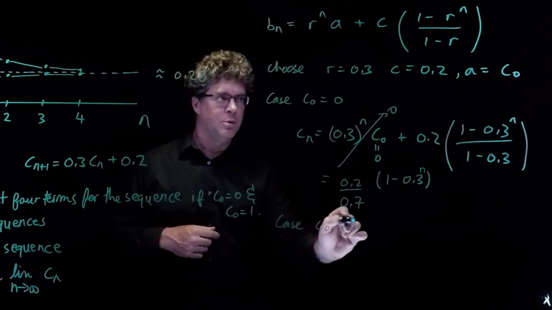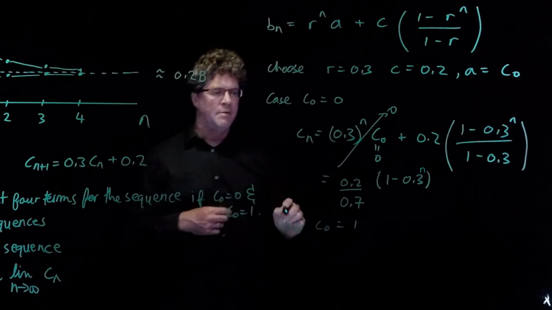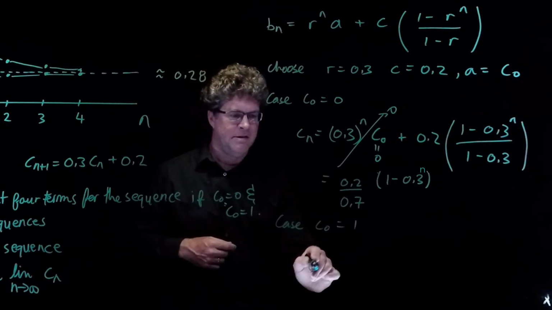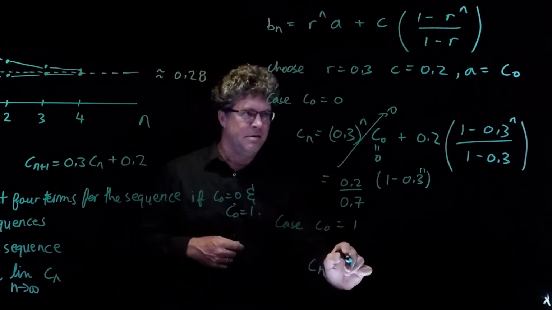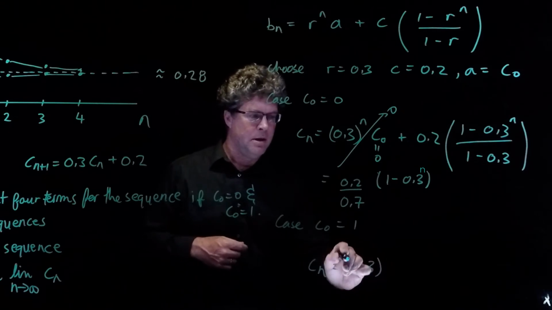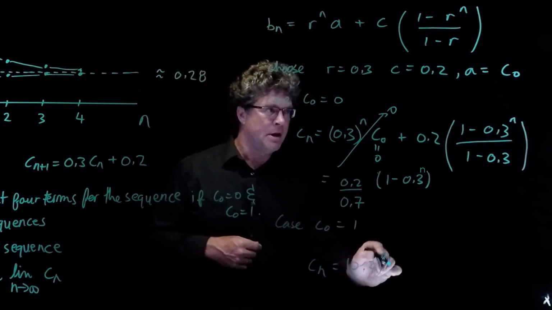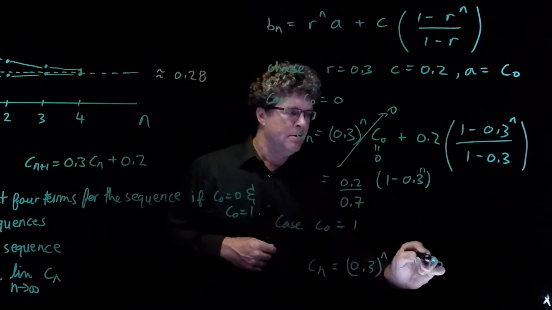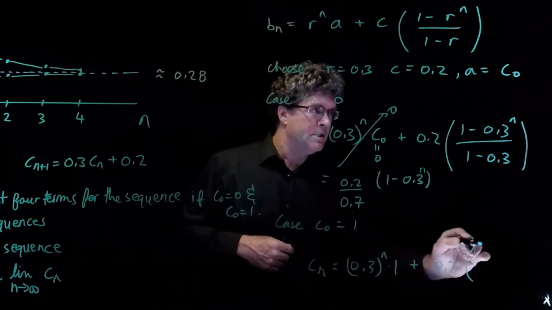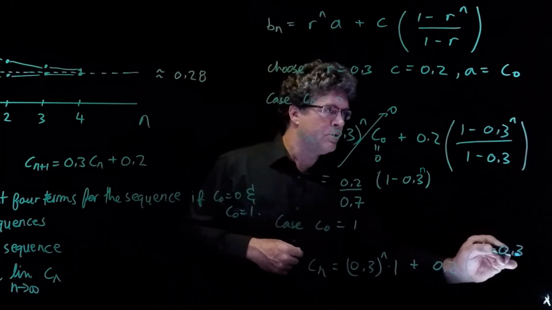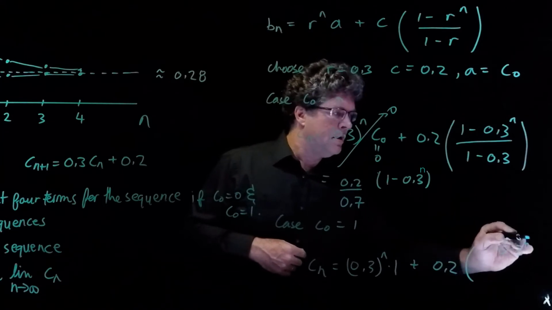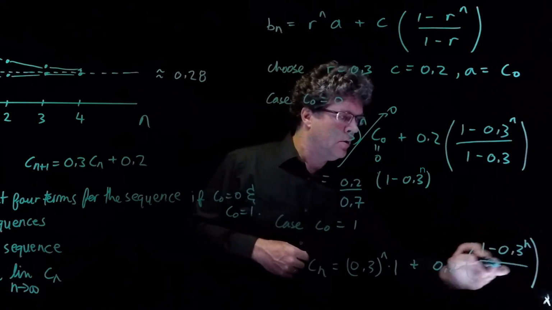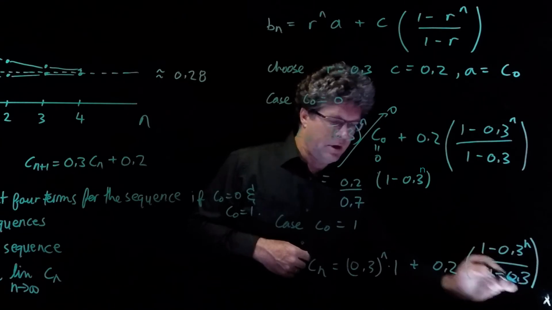If we choose the case C_0 equal to 1, we have C_n is 0.3^n times C_0 plus 0.2 times (1 - 0.3^n) over 1 minus 0.3.